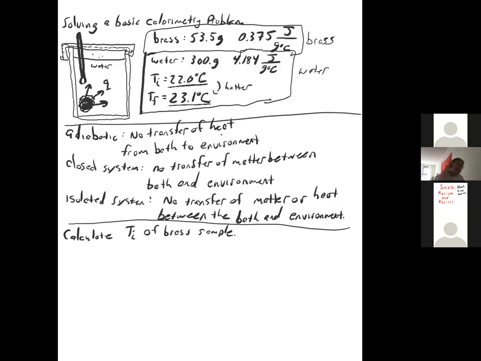In a sense, that's an exothermic process. From the perspective of the brass, it's releasing heat into the water. So that means that the brass started off at a temperature that was actually greater than 23 degrees C. It had to be greater because in order for something to transfer heat to something else, it has to be hotter than it, right? So it had to be hotter than whatever that final temperature was.